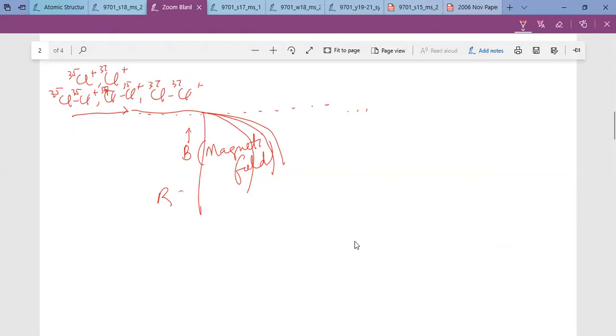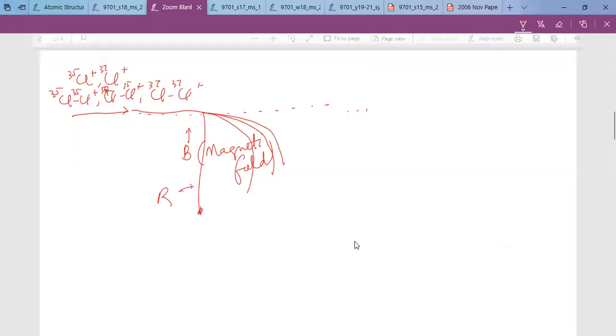The radius is proportional to M over E, actually root of something. So the heavier it is, the bigger the R. Lighter means smaller radius.